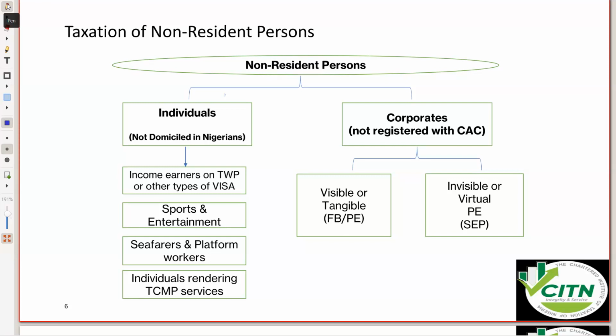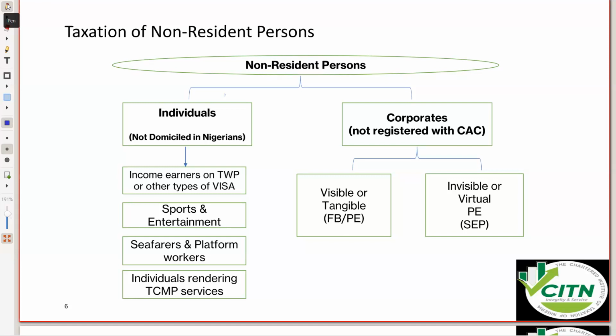Second one is where you have an invisible or virtual permanent establishment, or what is also called significant economic presence. You don't have a fixed office. So you don't have a physical office. It's not visible, but we know that you are established in Nigeria. And most of these social media platforms will come into place. Twitter, Facebook, TikTok, they're not registered in Nigeria, but we know that they operate in Nigeria because they earn a lot of money out of this country.